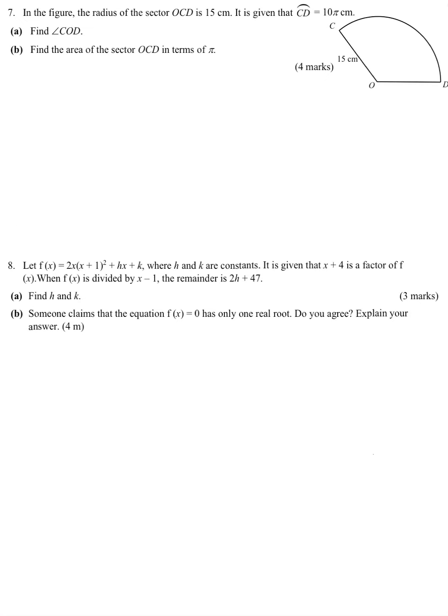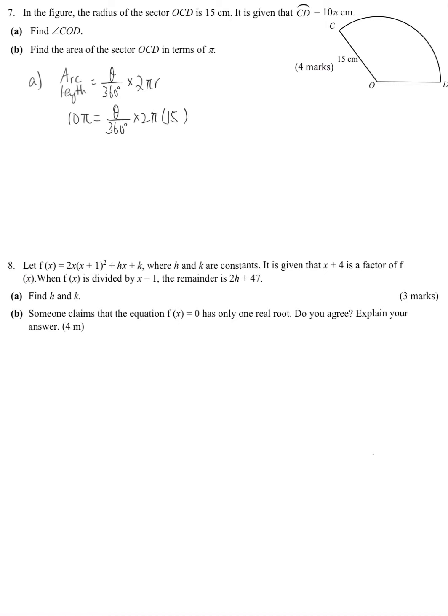For number 7, since the arc length is given, we can use the arc formula. The arc length is always equal to theta over 360 times 2 pi r, and actually theta is what we are looking for, and we are given the radius already, which is 15, and we are also given the arc length, 10 pi.